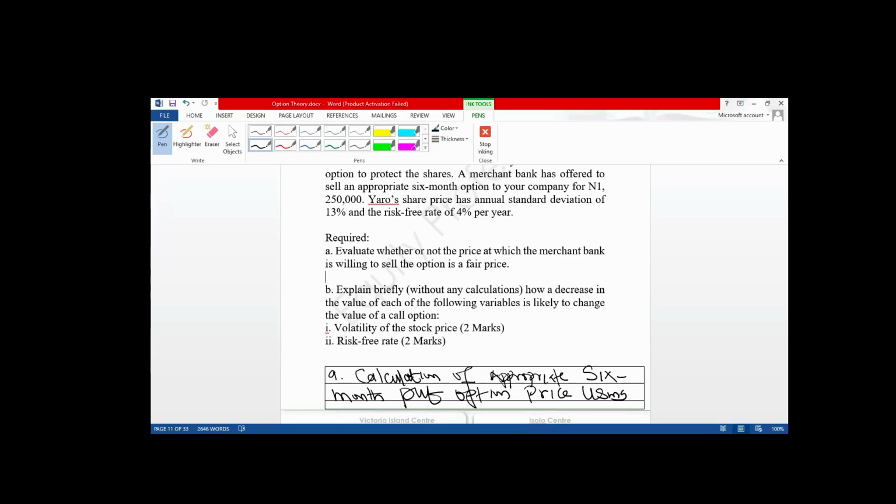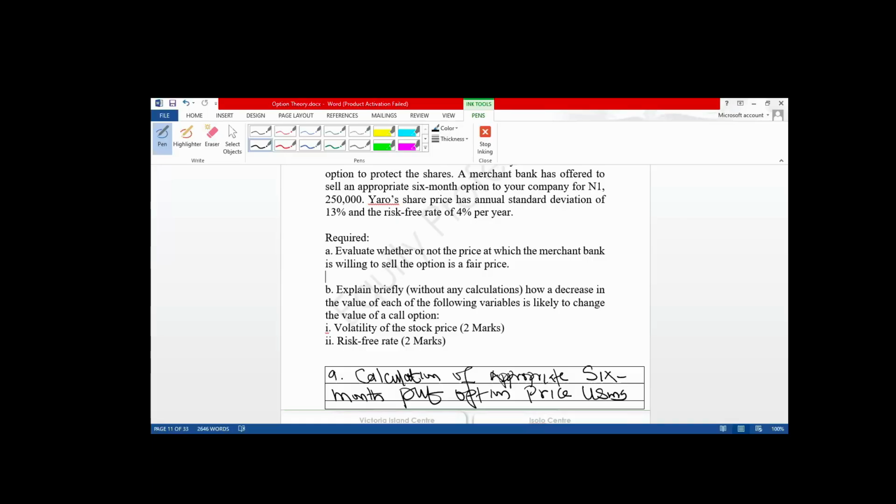One, volatility of the stock price. Two, risk-free rates. The examiner says you should explain.